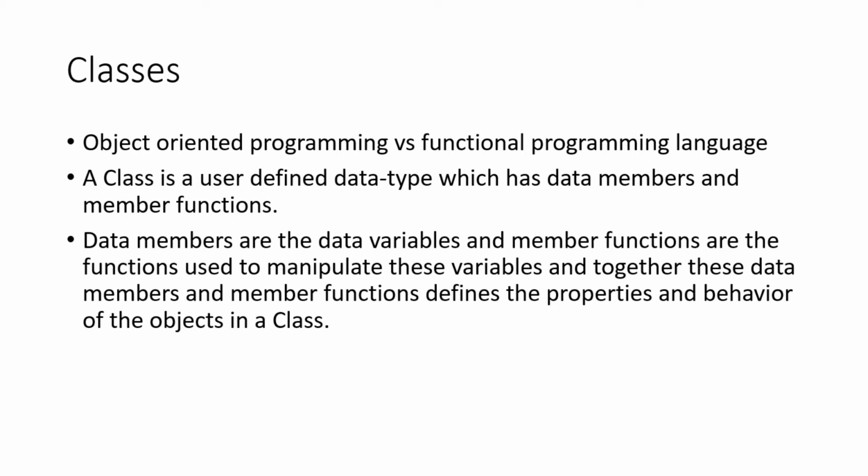Once you see an example, it'll make sense. And what's an object? An object is an instance of a class. Think of it this way. When you say int i, right? i is the object of type int, and the same thing goes for classes.